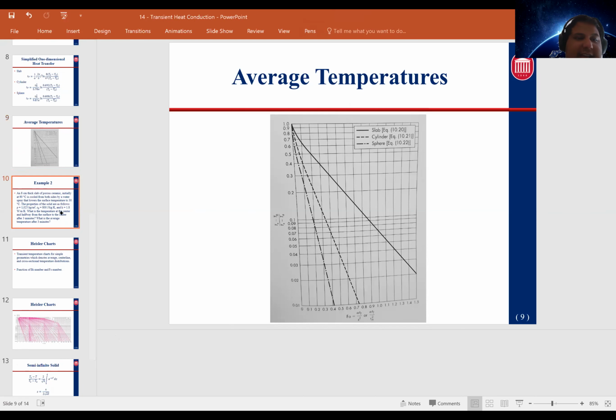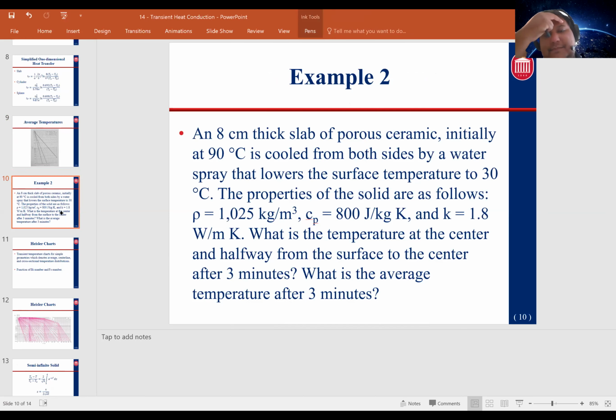So with that in mind, we can look at this example that discusses an 8 centimeter thick slab of ceramic, initially held at 90 degrees, is being cooled on both sides by water, which essentially lowers the surface temperature to a constant value of 30 degrees C, assuming the following properties.